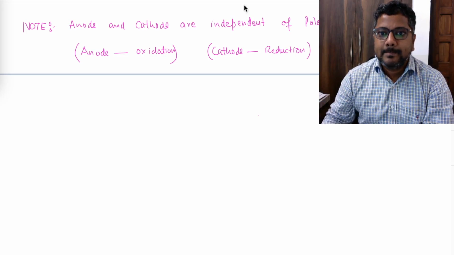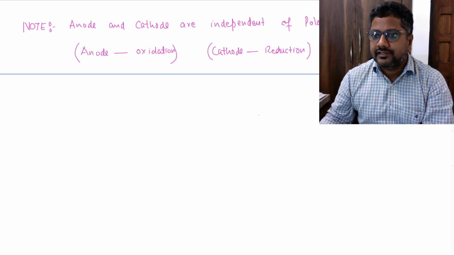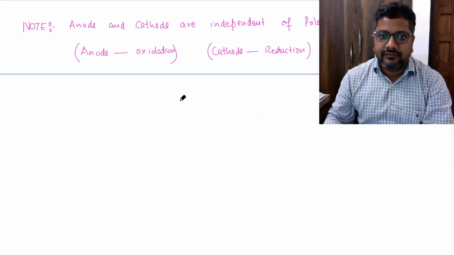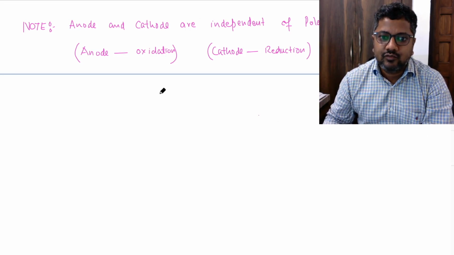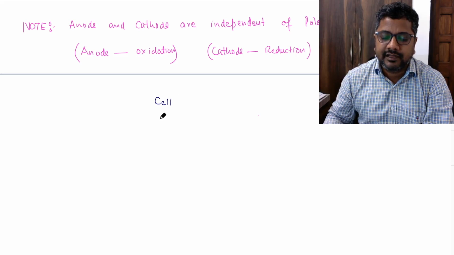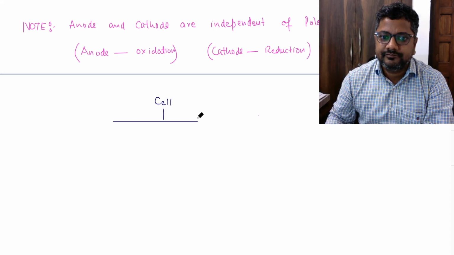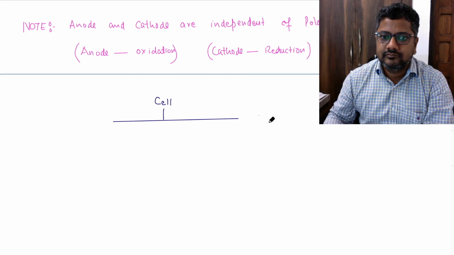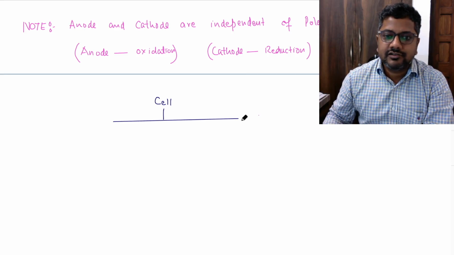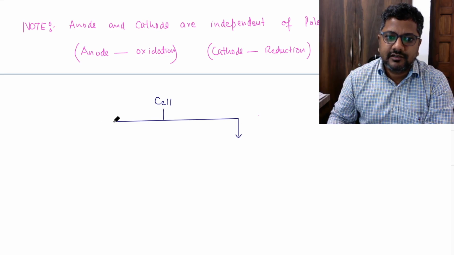Now see, every cell is made up of two half cells. Any complete cell you have taken is made up of two half cells. One is called the oxidation half cell and the other is the reduction half cell.